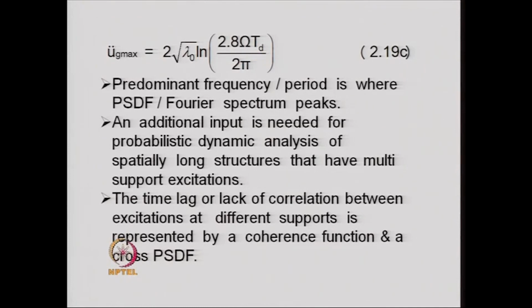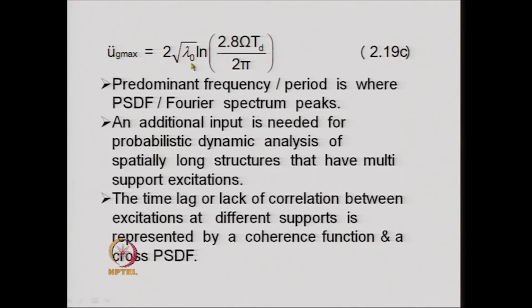somewhat in a better form, but here we will be describing the peak ground acceleration using this formula, and you can see that this formula requires the square root of the mean square value, that is the root mean square value. Then we require the capital omega and the duration, and with the help of that one can obtain the peak ground acceleration.